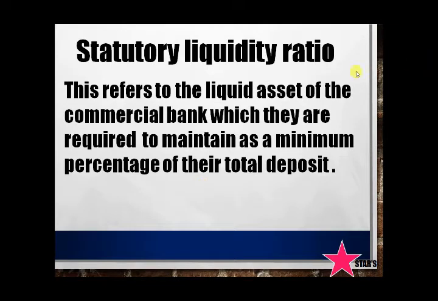Now, statutory liquidity ratio (SLR). This refers to the liquid assets of the commercial bank which they are required to maintain as a minimum percentage of their total deposits. The liquid assets include cash, gold, approved securities. Statutory liquidity ratio (SLR) is fixed by the RBI and varied from time to time as yet another instrument of its monetary policy.